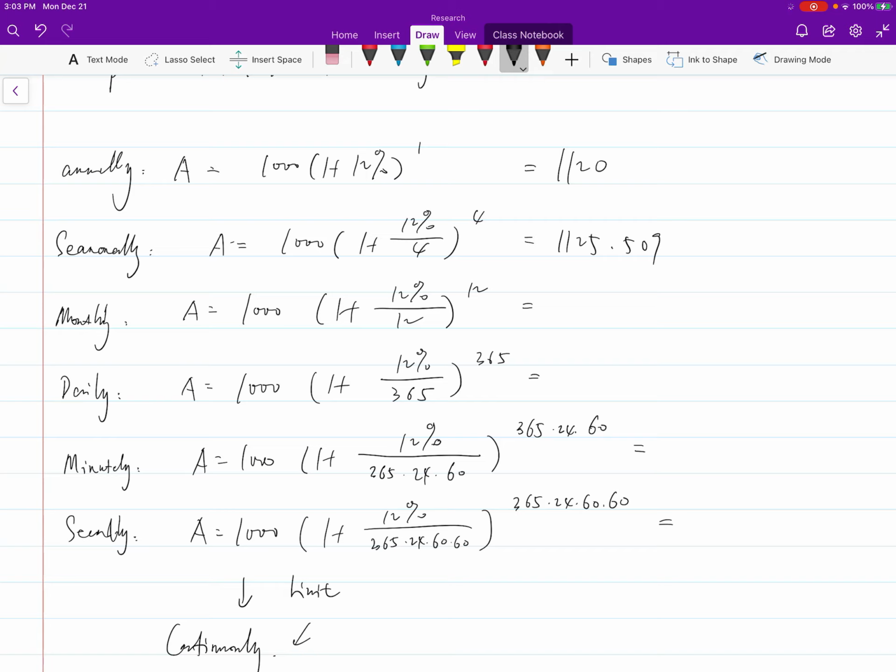Now, this one for 12 times. That's going to be, you spend 4 times more trouble, you gain $1 more, $1.3. Fine. But now let's do it daily.